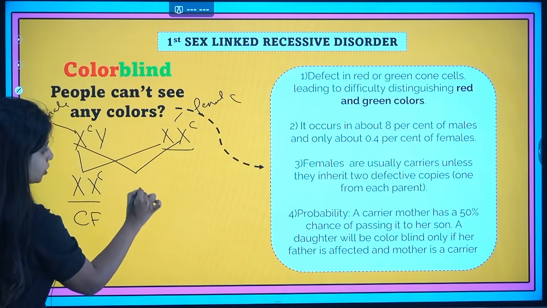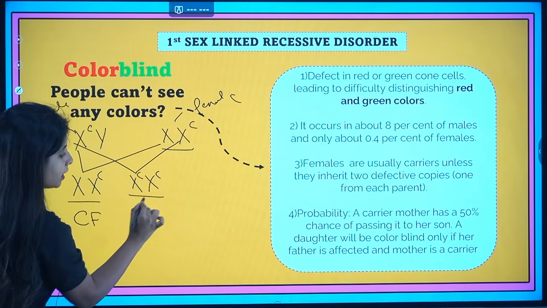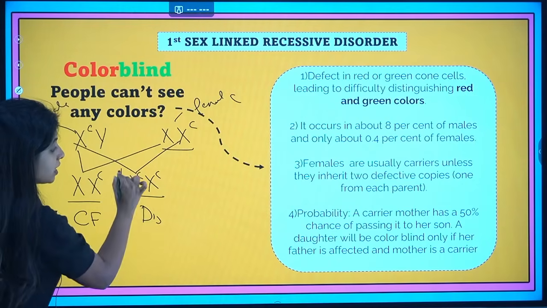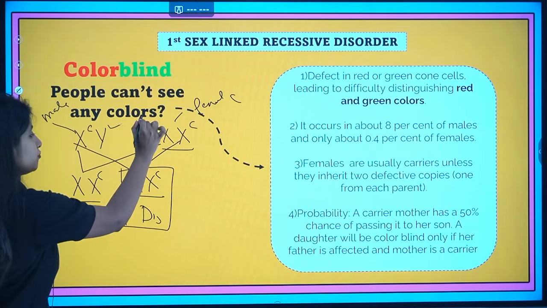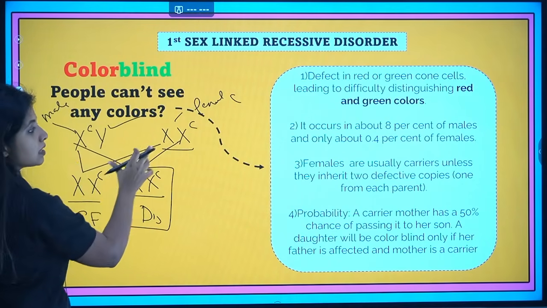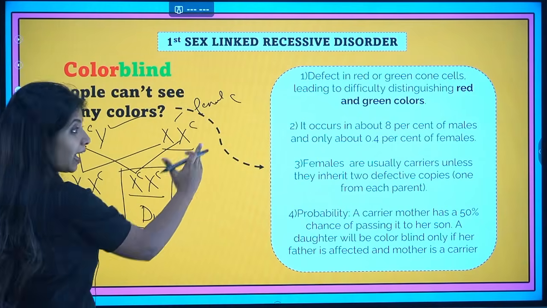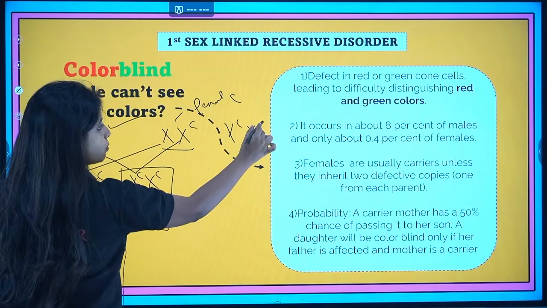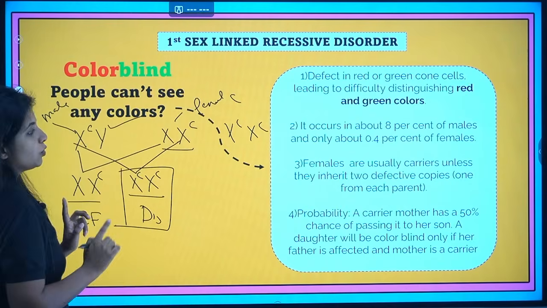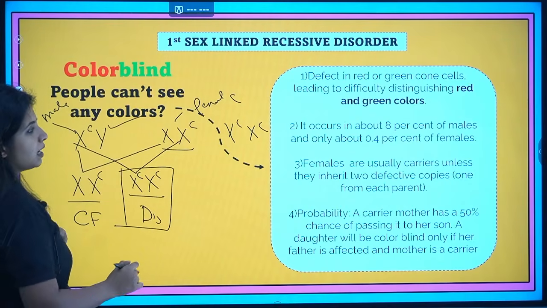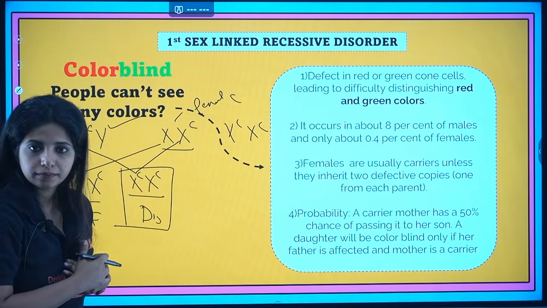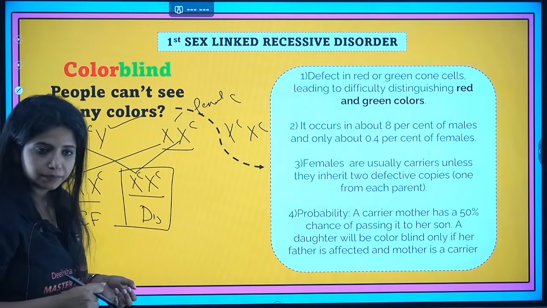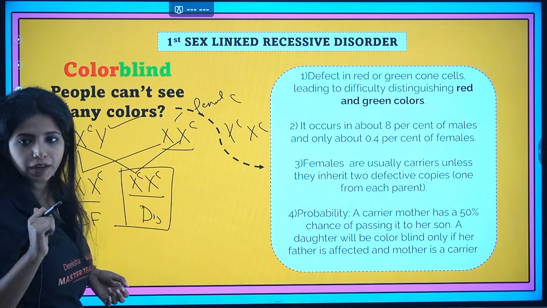This and this comes together, you get a female who is going to have the disease. This happens only when the father is having the disease and mother is either a carrier or will be having the disease. If at all she has a disease, then what is going to happen? All the females are going to have the disease, because from here you get XC and from here also you get XC. You get it? Got it? This is super important.